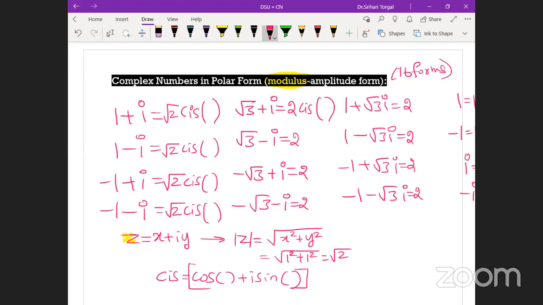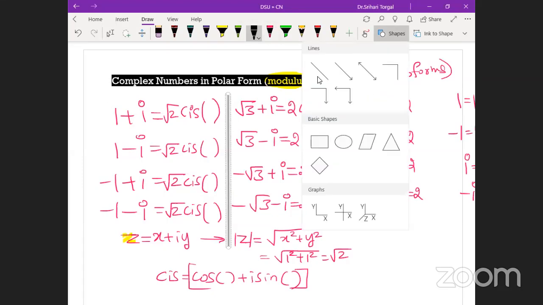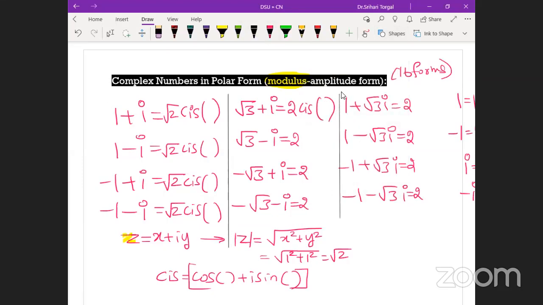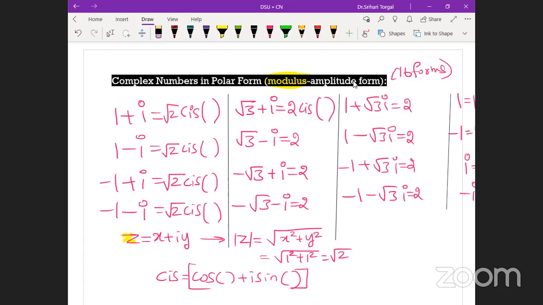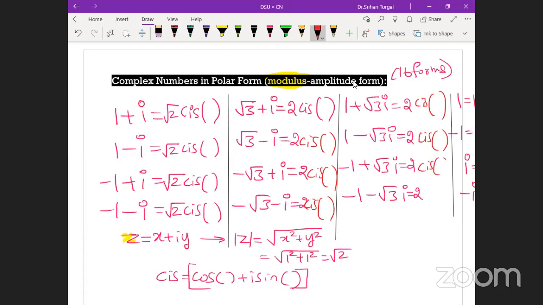Now to write this amplitude, let me write the cis in all the cases. Okay. So here, let me write all this here. I want to write the amplitude inside the bracket. I think all of you know how to write the modulus, right?